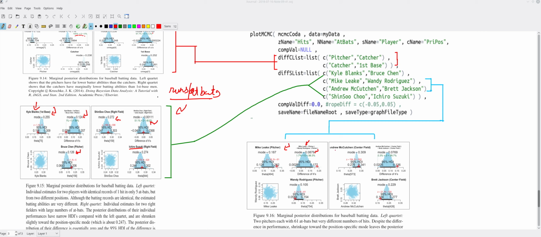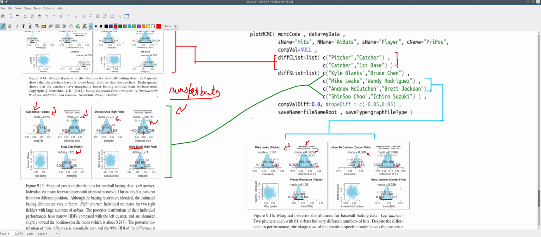Analogously, if we look at Andrew McCutcheon versus Brett Jackson, both of whom play the same position, we can see that 99% of the distribution is greater than 0, which means Andrew McCutcheon has a better estimated posterior than Brett Jackson.